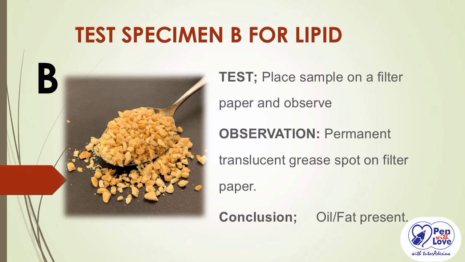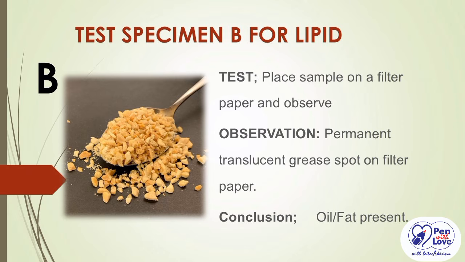So that is what we call the translucent test. And your conclusion will be oil or fat is present. When you place the paper up against light, you will see the translucent spot in the paper. So that's to show that oil or fat is present in specimen B.